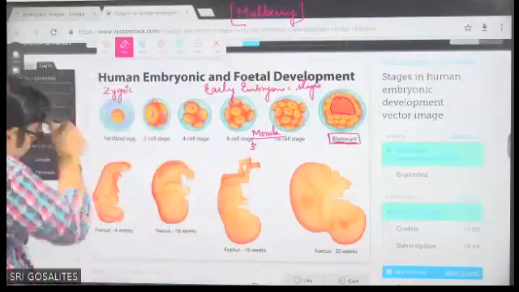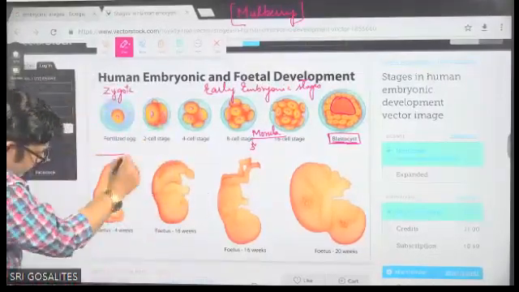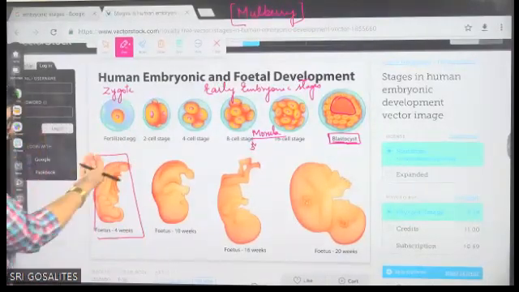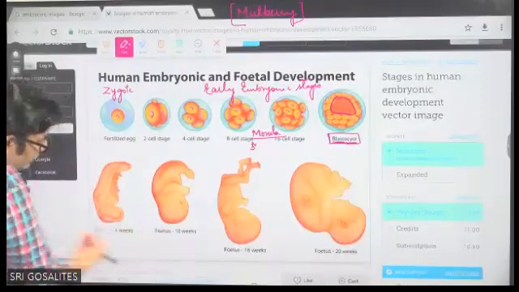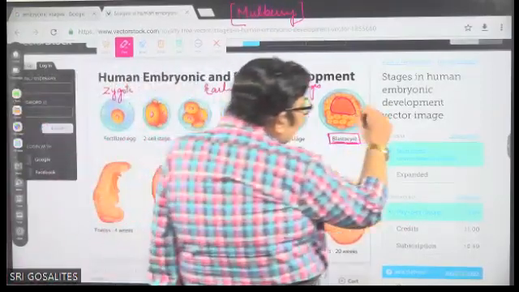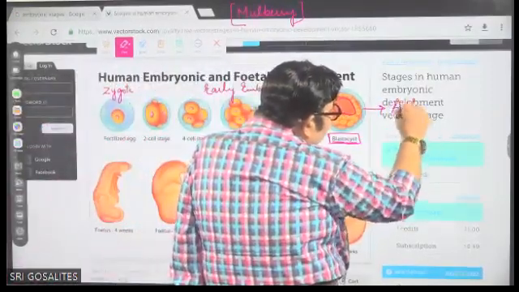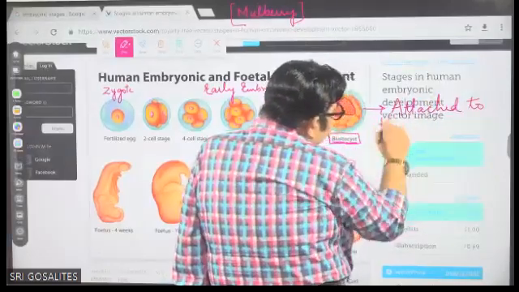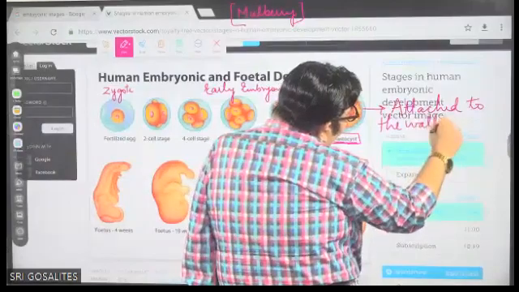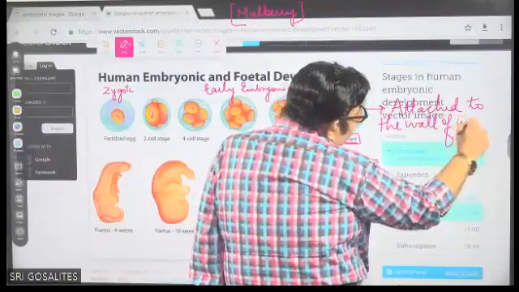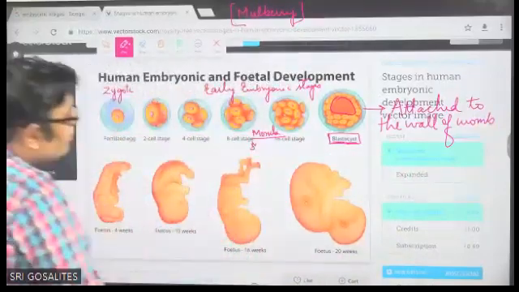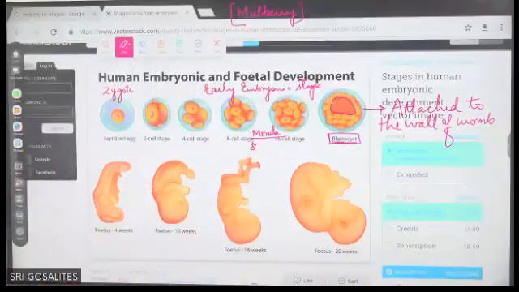Now, a very important thing happens at this stage. Just after the blastocyst, it is attached to the uterus. It is attached to the wall of the uterus. Uterus means womb, W-O-M-B, womb of the mother.